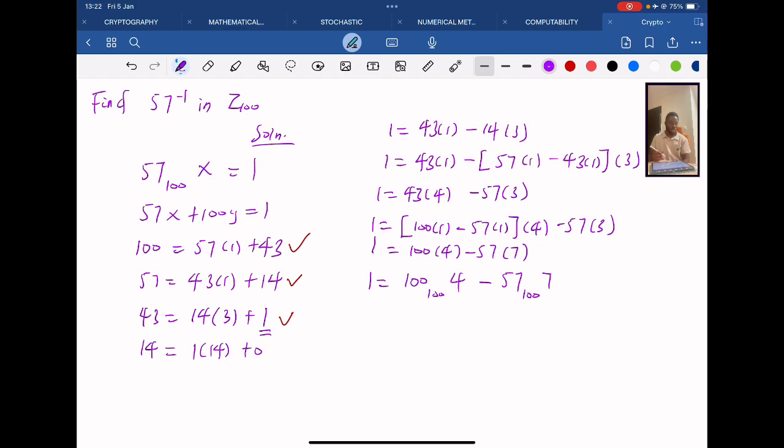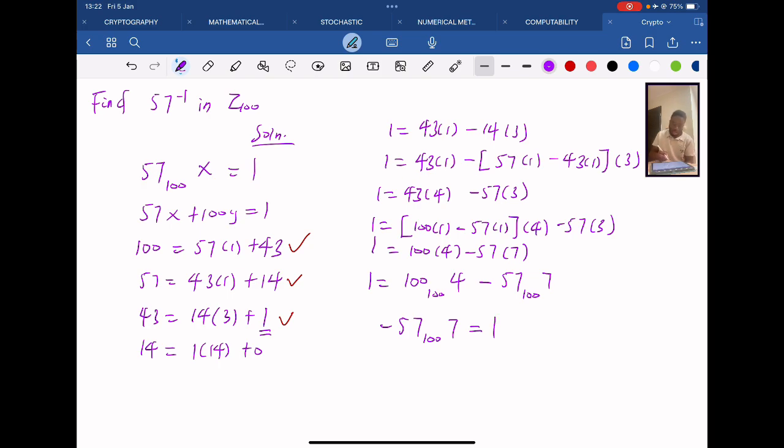I hope this is clear. Okay, remember 100 times 4 is 400. Modulo 100 is 0. So in other words, we are going to get minus 57 times 7 is equal to 1, modulo 100.